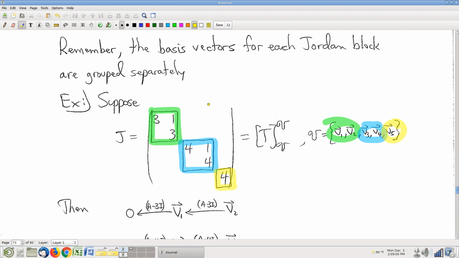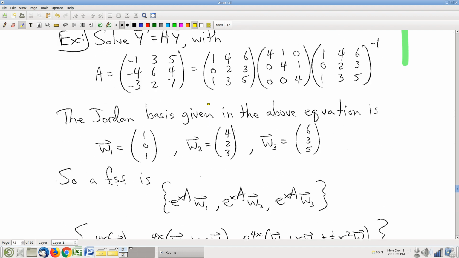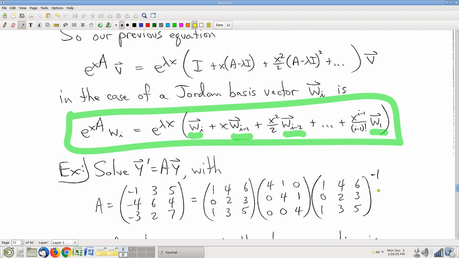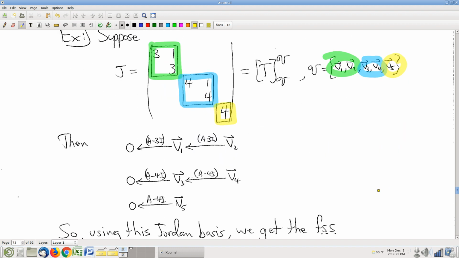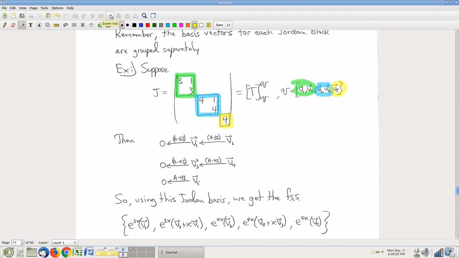So we're going to apply the above formula. We have our exponential, our Taylor-looking coefficients. We're going to go backwards one term at a time, through the list of basis vectors, until we get to the end corresponding to each block. So specifically, we'll start off with V1.